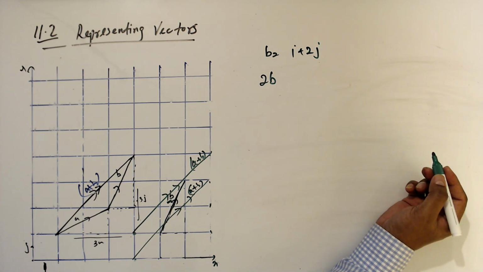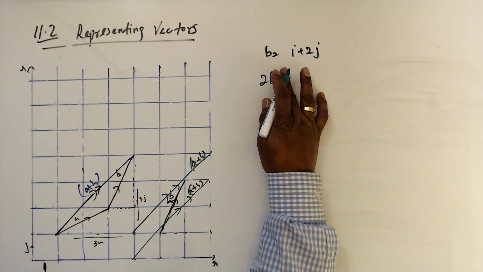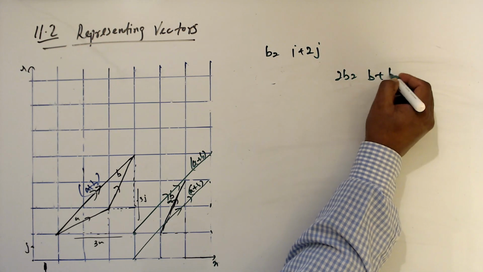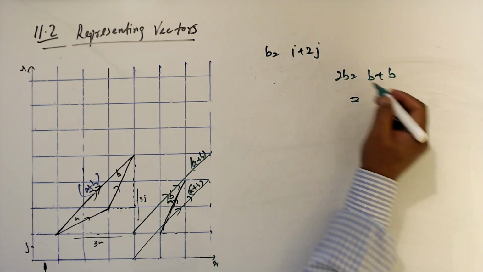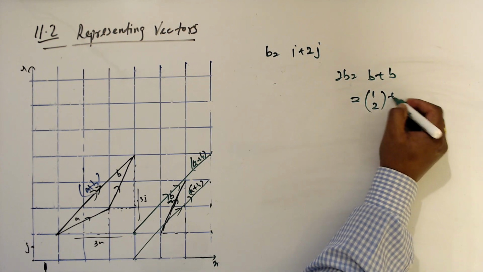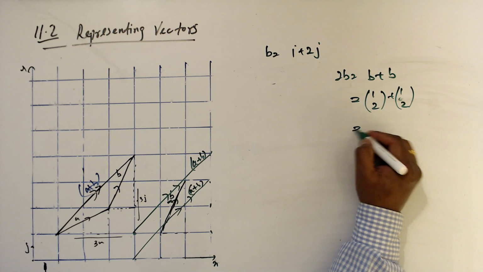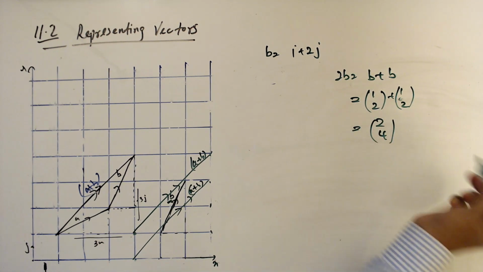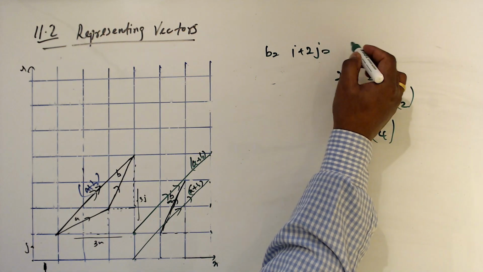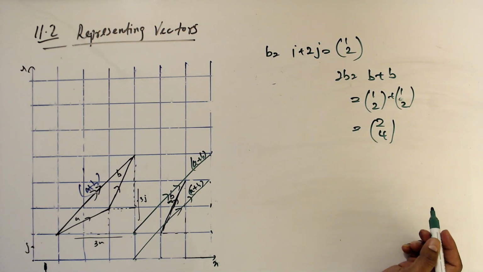What is 2b now? 2b means b plus b. b is 1 2 and another b is 1 2. So what is the total? 2 4. I'll write it in vector column form, 1 2.